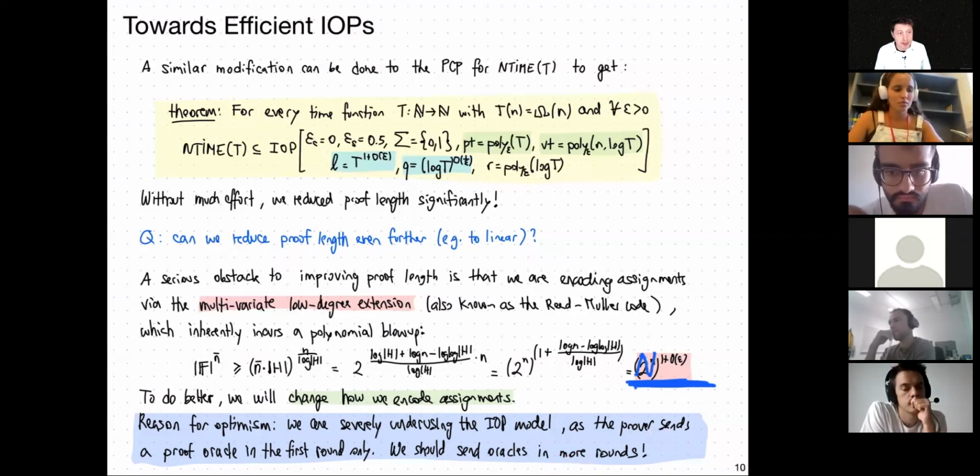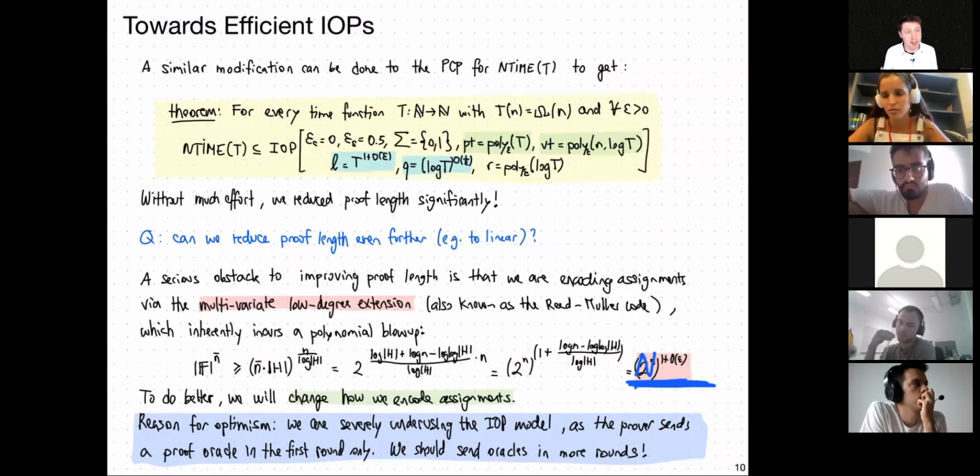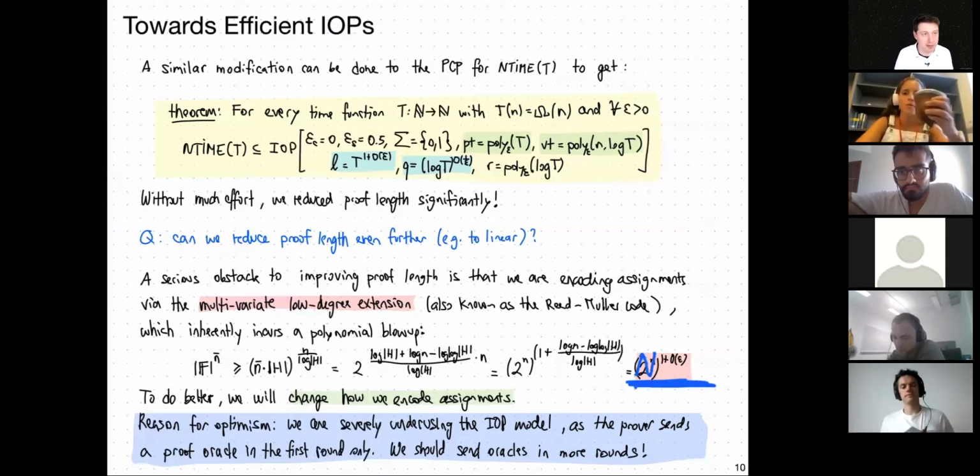So that's the idea. And as we'll see next time, the idea is to leave behind the Reed-Muller code and start using another code, which you have already seen in the other track. That is the Reed-Solomon code. The Reed-Solomon code is a univariate encoding scheme that has constant rate and constant relative distance, or constant blow-up over the message length.